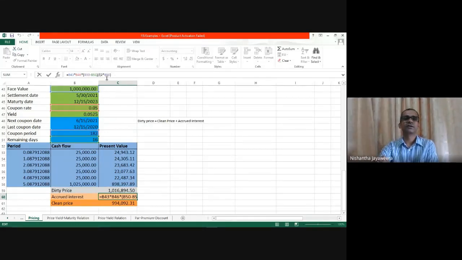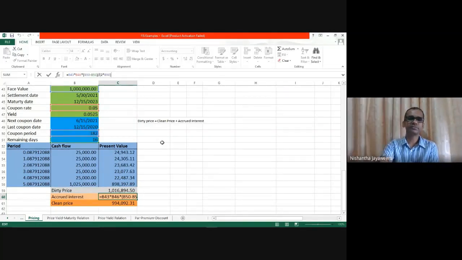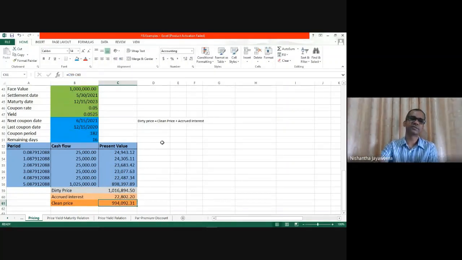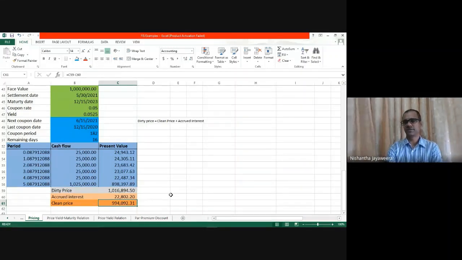Divide by 182, the number of days in the coupon period. So this is the accrued interest. When you deduct it, you get 994,092.31.